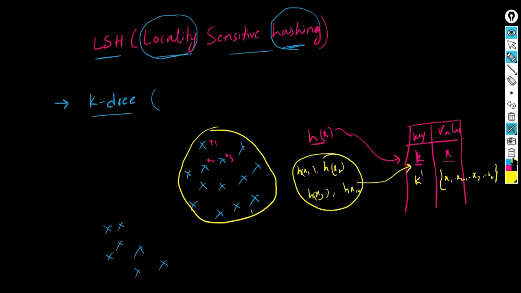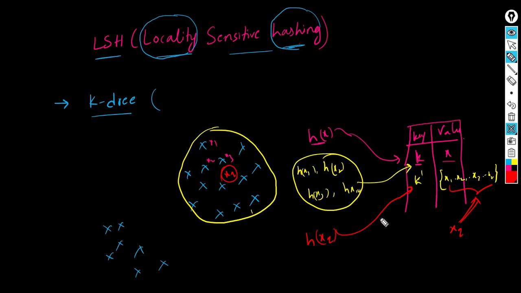When a new query point comes, let's suppose a query point xq, located here, we will get the same key for this query point also. Here we are going to find the distance from this query point to these 10 points.